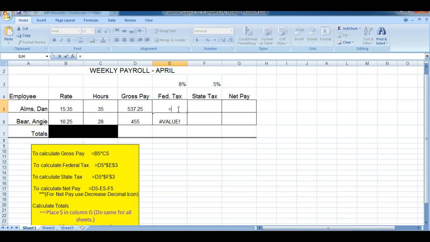We're still going to do the equal sign. You're still going to click on the gross pay, which is D5, and you're still going to use the multiplication sign. Now here's where it's different, and here's where you have to follow along. You have to use a dollar sign. The dollar sign tells Excel we're going to freeze something.